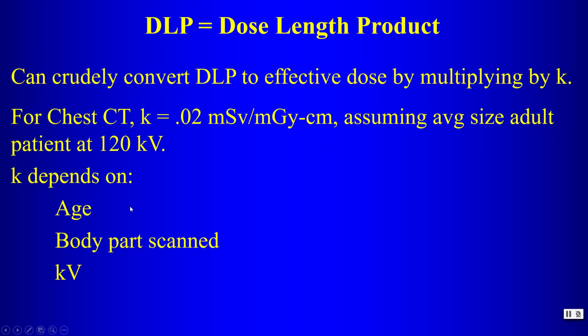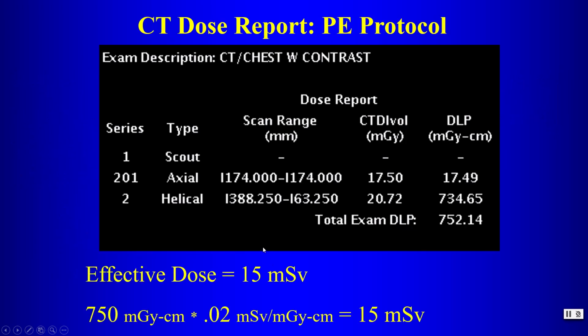K can change depending on the age of the patient, the body part scanned, and it can also change depending on the kV that you are using within your particular protocol. So here, if we go through the math in this particular patient and assume our DLP is about 750 for this chest CT scan, using this estimate of K, we get an estimate for an effective dose for this particular protocol of about 15 millisieverts.